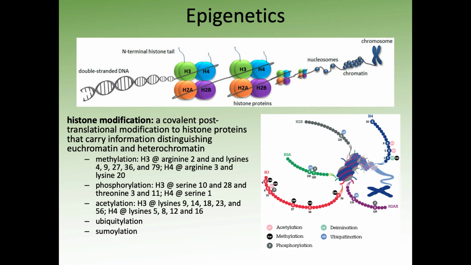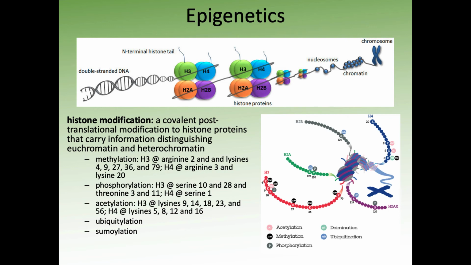When we talk about epigenetics, there are specific histone modifications that are important. And so again, when we talk about histone modifications, what we're talking about are these post-translational, covalent modifications to histones that carry specific information that largely will tell the cell and other pieces or indicate whether or not a specific region of the chromosome is either euchromatin, or open chromatin, or heterochromatin, dark chromatin.